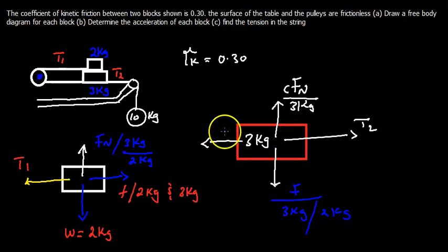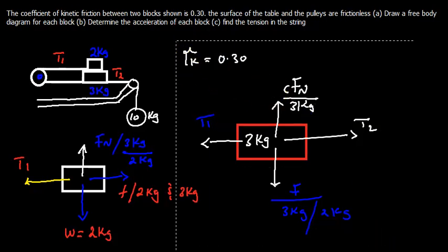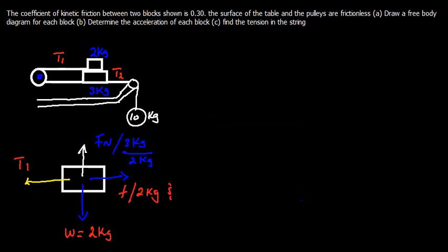And here we have on the left, which is going to be our T1, moving this side. The last but not the least is going to be the one with 10 kg. So this is how it looks.